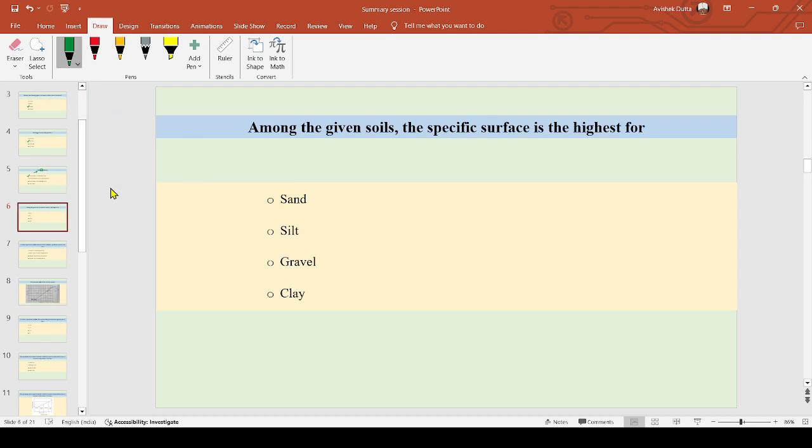Among the given soils, the specific surface is the highest for which one? Before answering this question, we need to understand the meaning of specific surface.